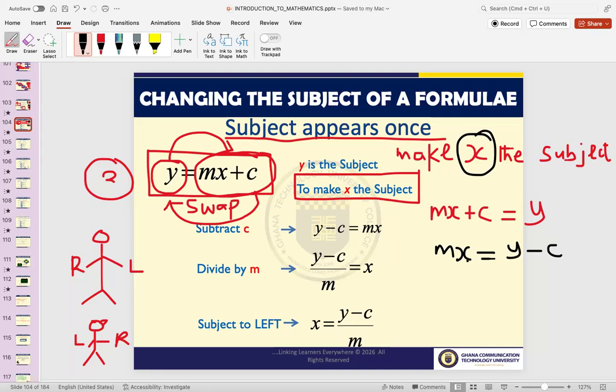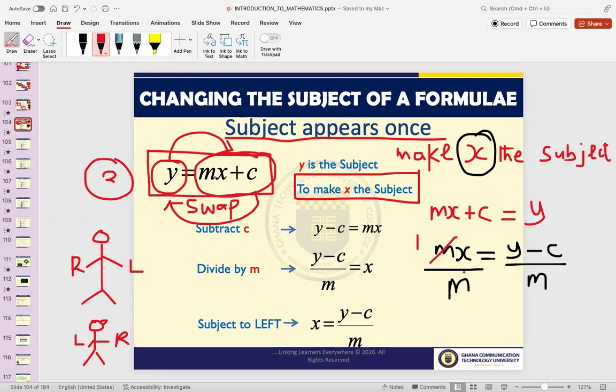It is x we are looking for, so we want x to stand alone. And the only way you can make x stand alone is to divide both sides by the number or letter attached to x, which is m. So we divide this side by m, and this side by m. And then we do some cancellation.